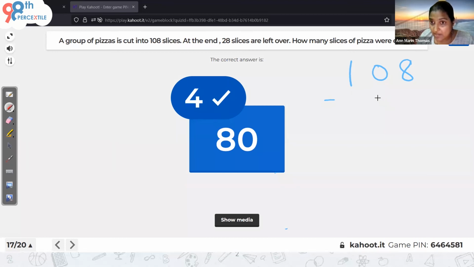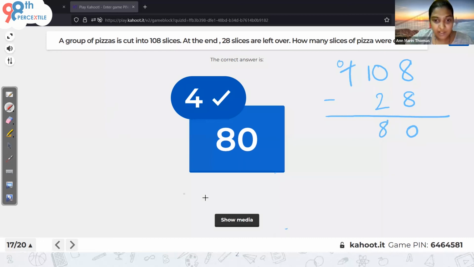So you had to subtract the values here. 8 minus 8 is 0. And you have 0 here, 0 minus 2. Can you do this calculation? No, you have to borrow. Borrow from your neighbor. So I borrow it and the neighbor is left with nothing here. And I get this number 1 here. So 10 minus 2 is 8 and your answer is 80.